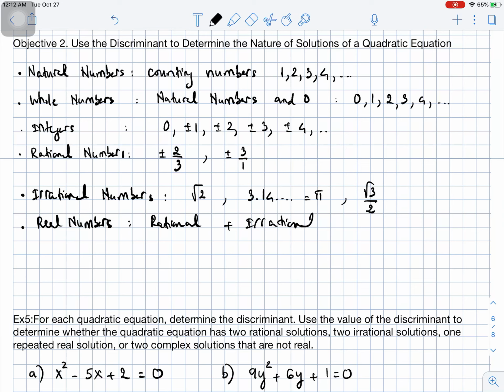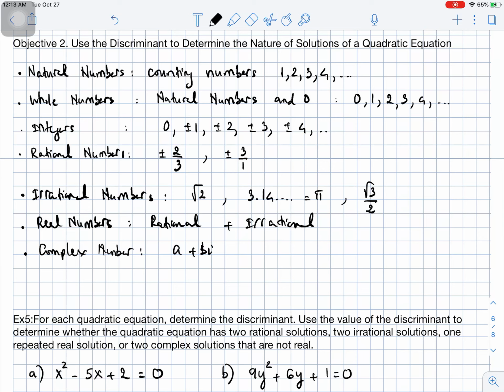Or a number like pi is 3.14 and so on and so on. It never stops. Or the square root of 3 over 2 is also an irrational number. We have the real numbers. The real numbers include the rational and irrational numbers.